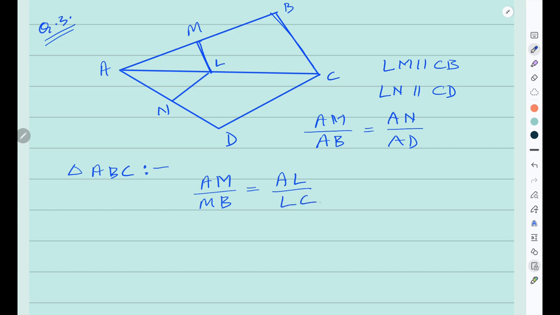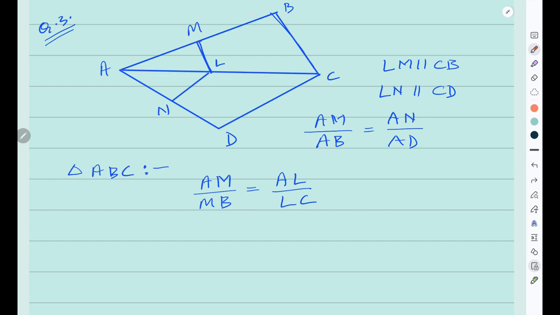We already proved that in the last video, and we have also recapped it, so there's no doubt about it. This divided by this will be equal to this divided by this, because these two are parallel.